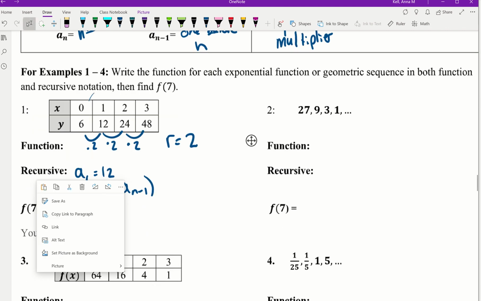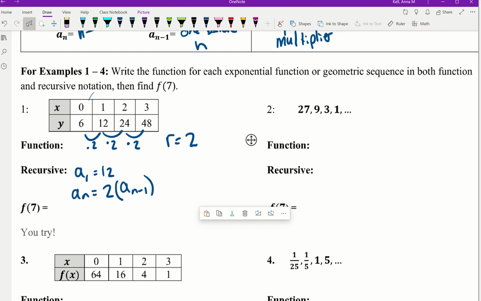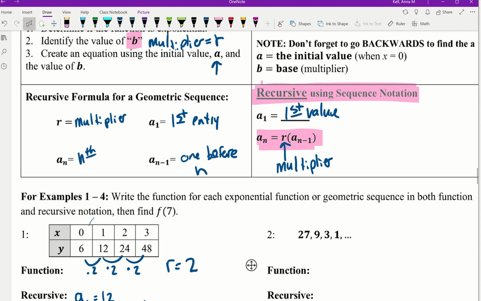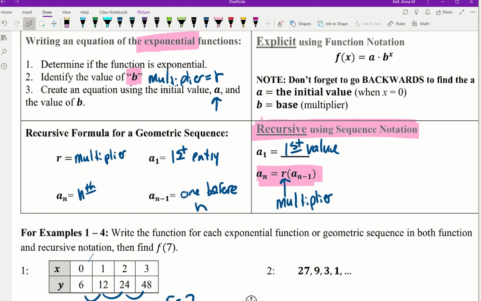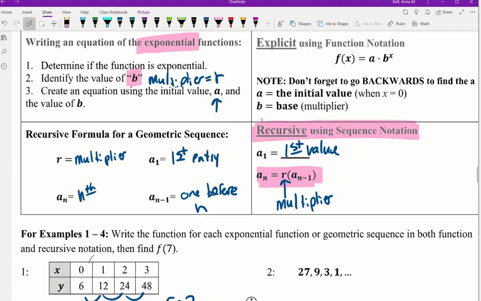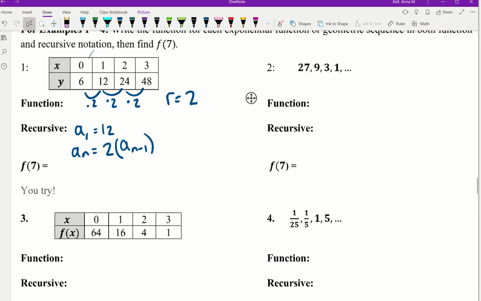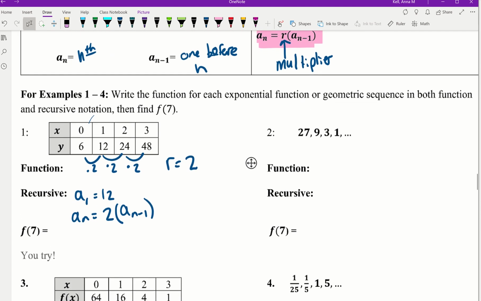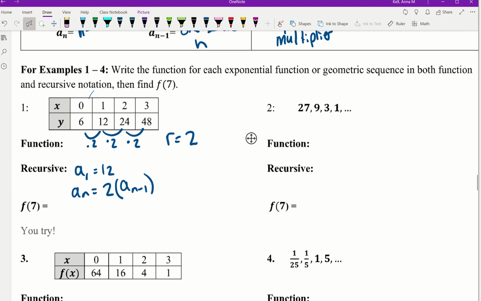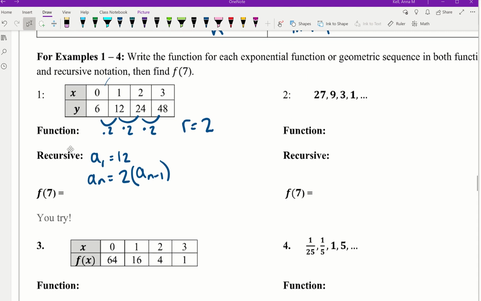If I want to figure out my f of 7, what I would really want to do is have this in function notation. So in this case, we are just going to leave our answer like this.